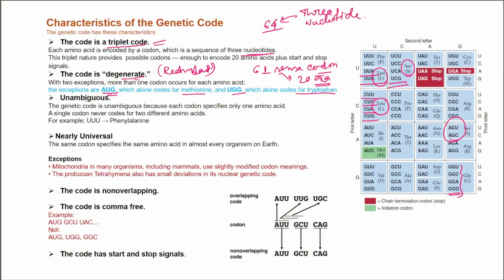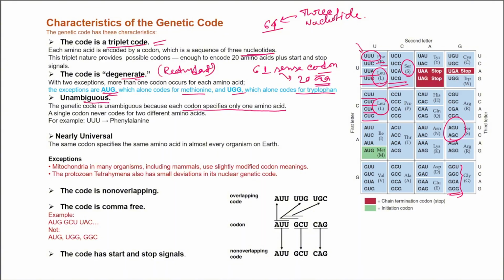Next, the code is unambiguous. That means each codon specifies only one amino acid. Previously we saw that one amino acid can have more than one codon, but each codon specifies only one amino acid. For example, the UUU codon always codes for phenylalanine, and the UUC codon always codes for phenylalanine. So one codon never codes for 2 different amino acids.